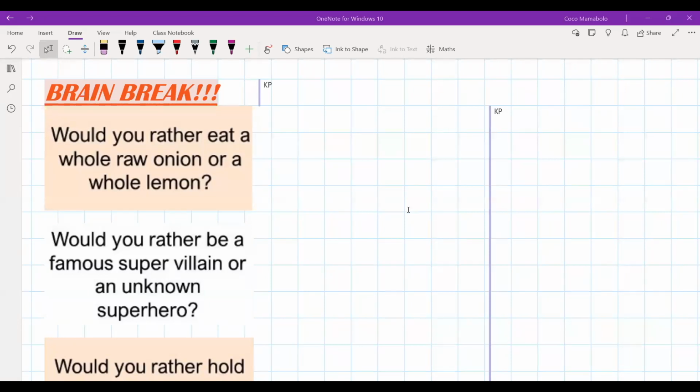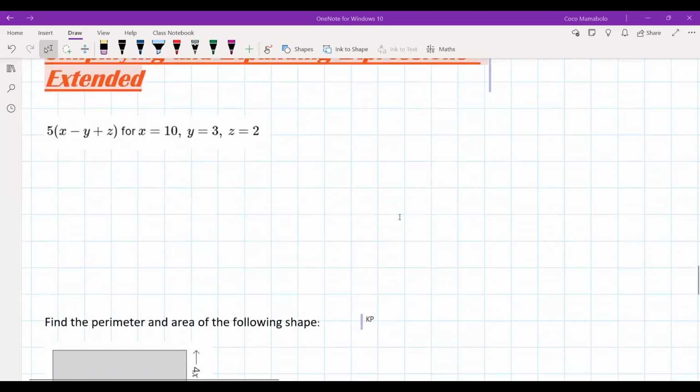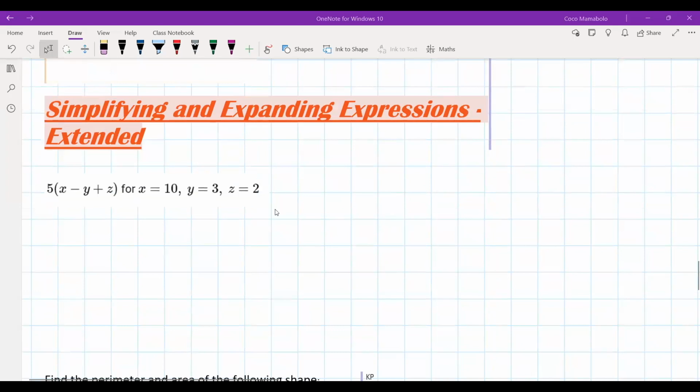All right, let's look at what we've got coming up next. We need to substitute into these brackets. We've got this expression: solve for 5 multiplied by (x minus y plus z) if x is equal to 10, y is equal to 3, and z is equal to 2. Now, there are 2 different ways that we can do this, guys.